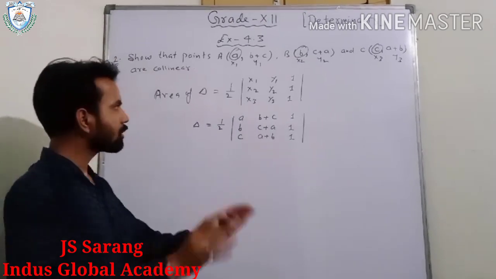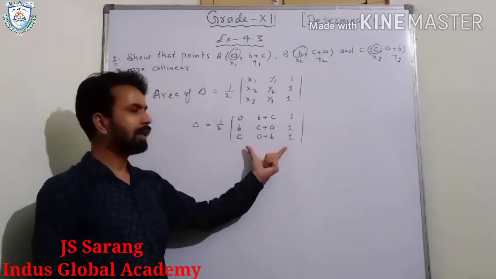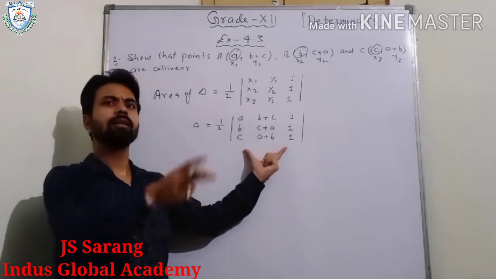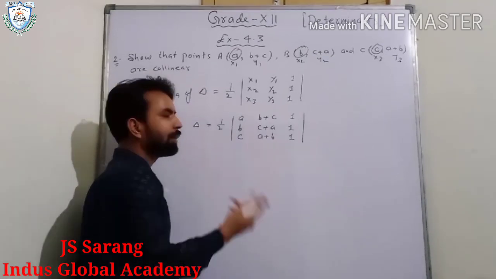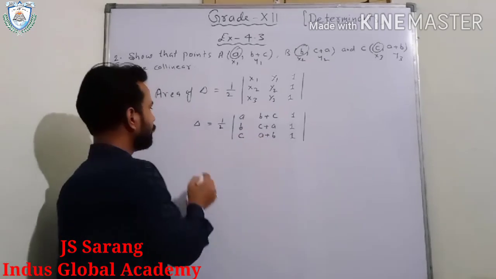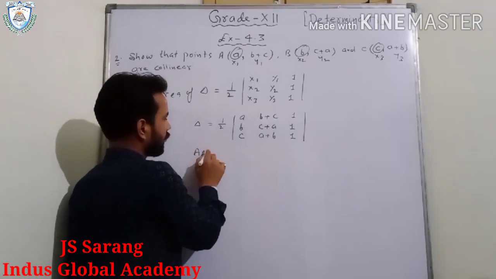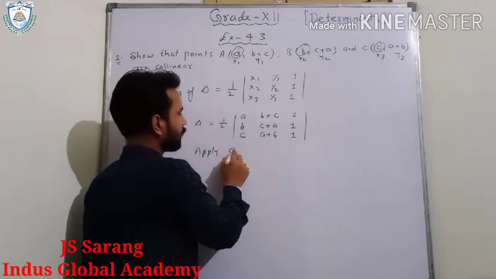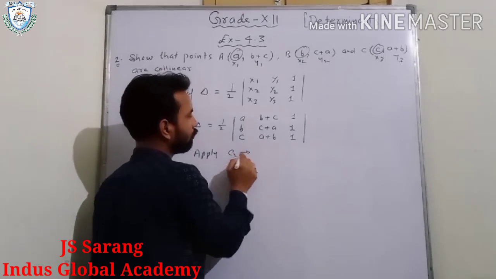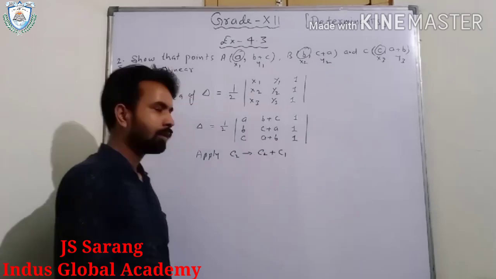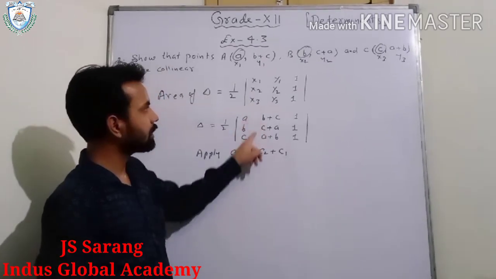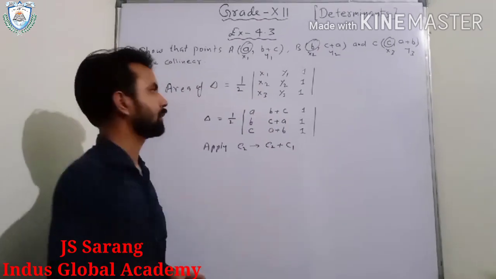Clear? Now see, we can expand this determinant, but there is a very simple method if we apply an operation in the second column. Which operation? Apply the operation C2 plus C1 in the second column. Then what will we get?